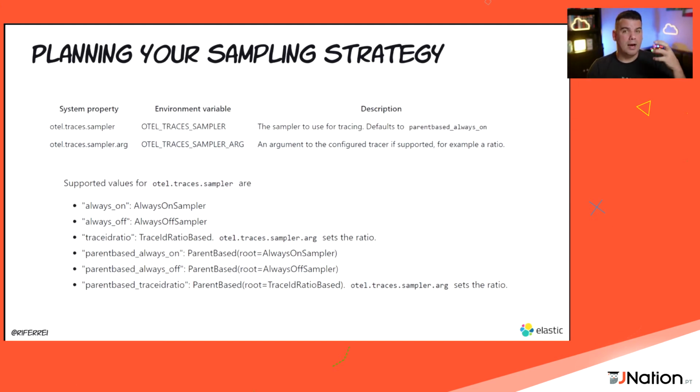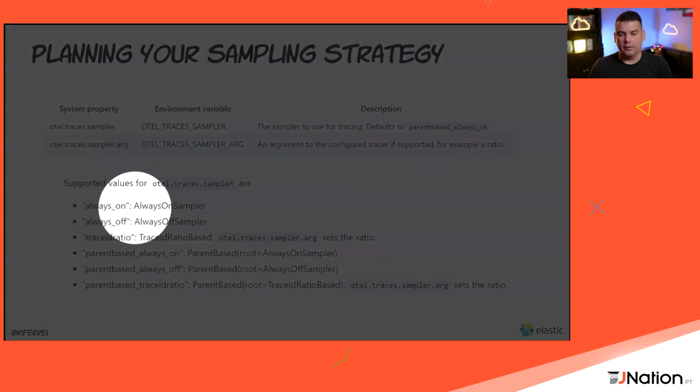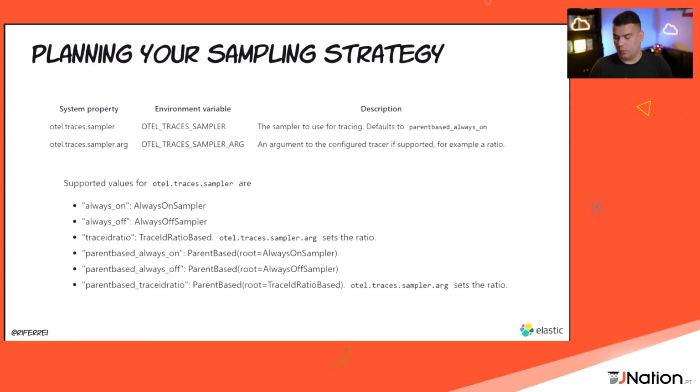You can calculate this using samples. Unless you really want to make sure that you are not missing a single trace or execution from your application. And then you can use things like always on. So basically, this creates the one-to-one relationship that I mentioned before. Let me just set up something here.